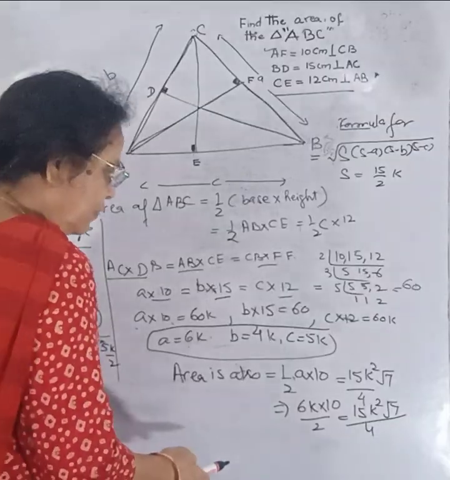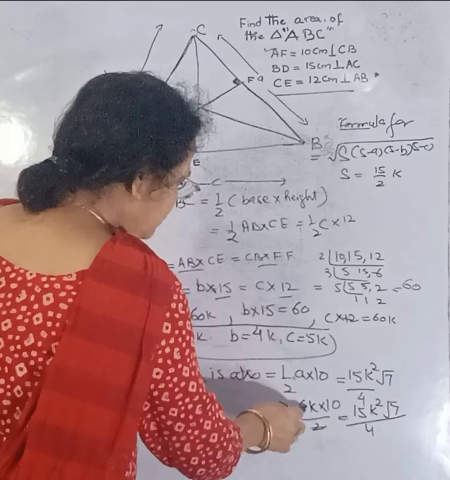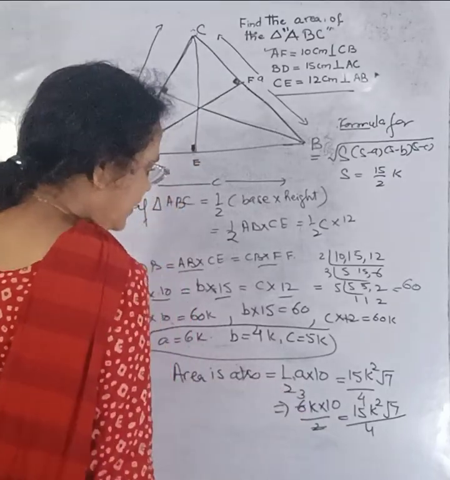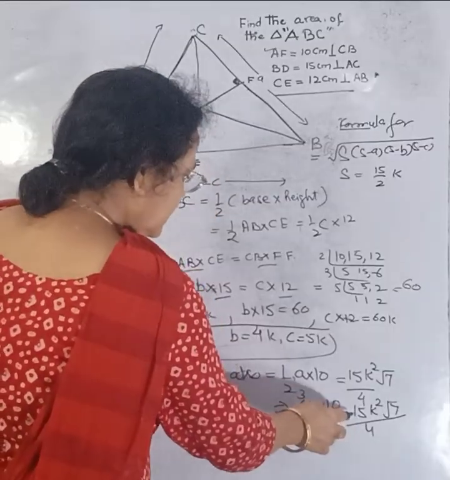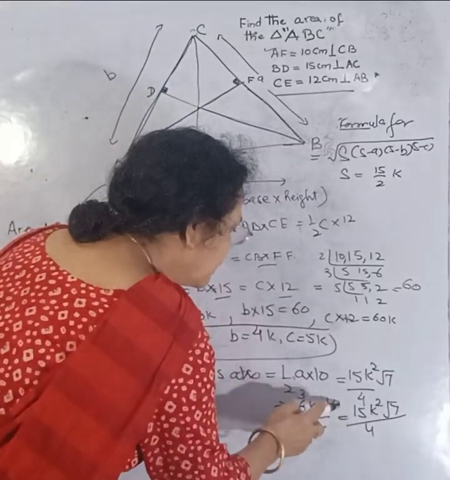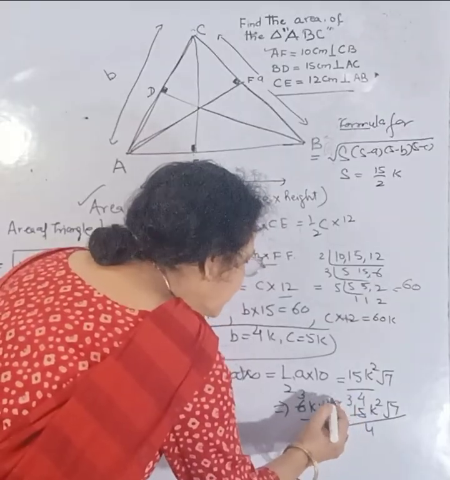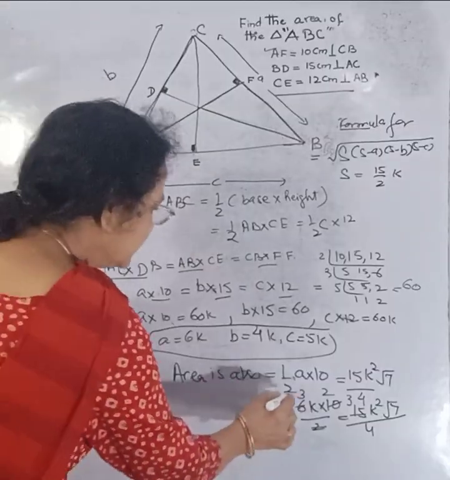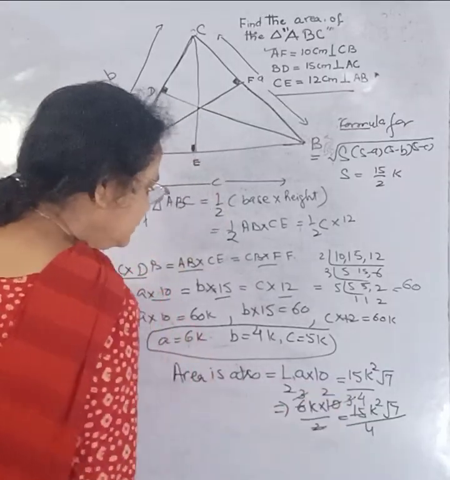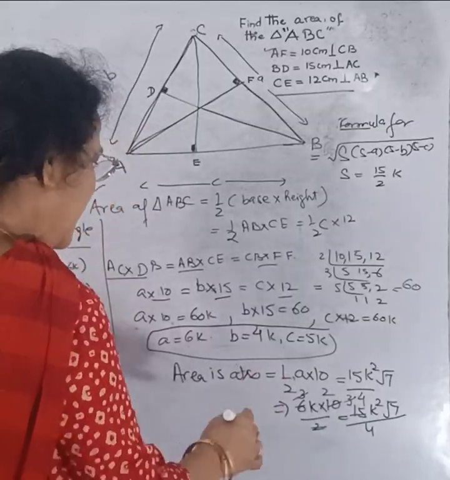All the things can be cancelled. 2 ones are 2, 2 threes are 15, and this 3 will get cancelled. 5 threes are 15, 5 twos are 10, and we get 4 twos are 8.